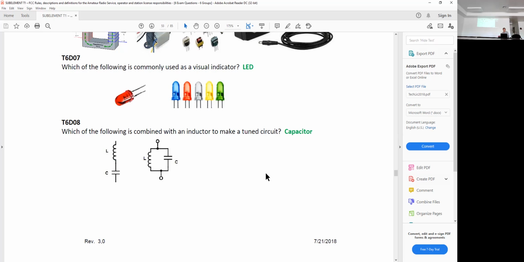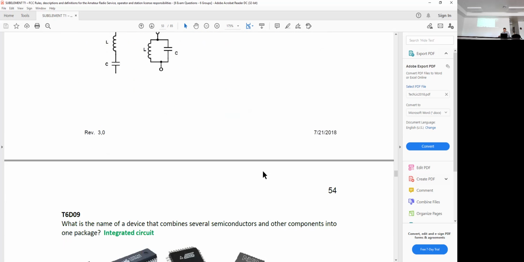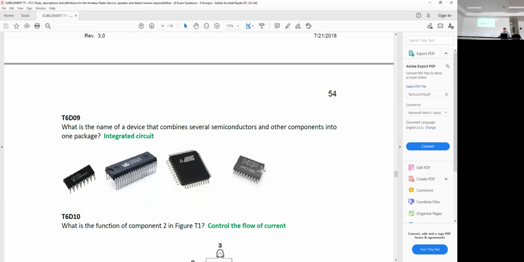Well, it's these tuned circuits that allow you to ignore all that noise that's out there, filter it out, and listen just to what we want. So tuned circuits, very important. It's all about filtering the noise.